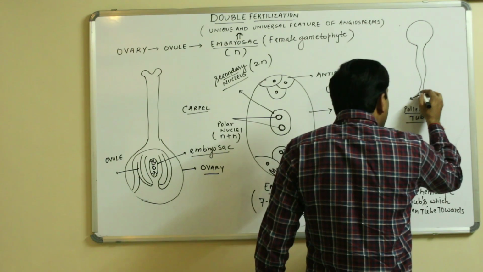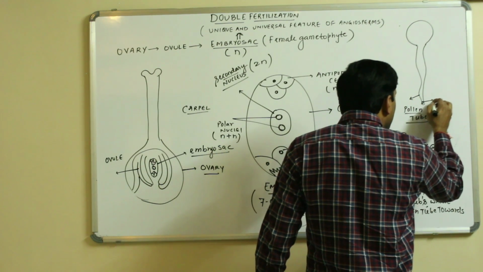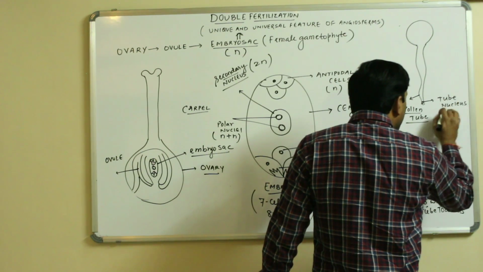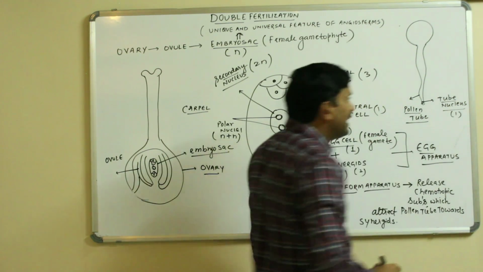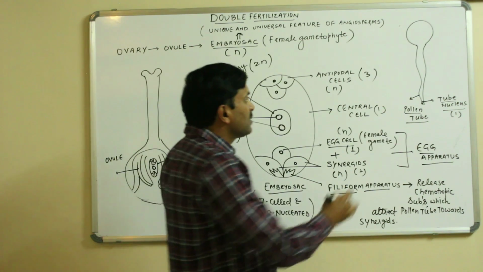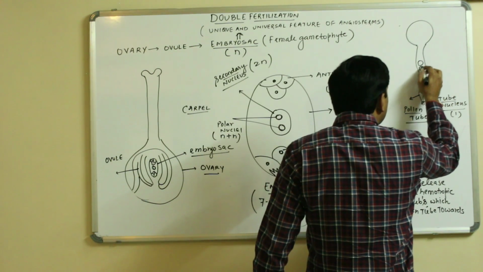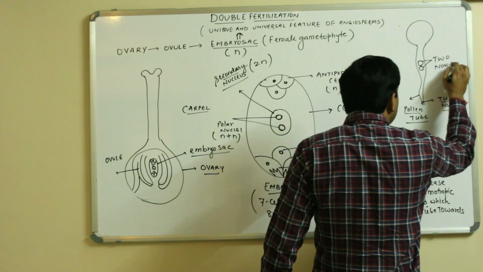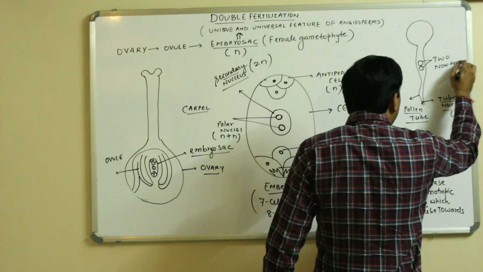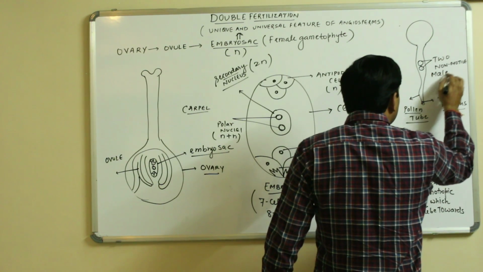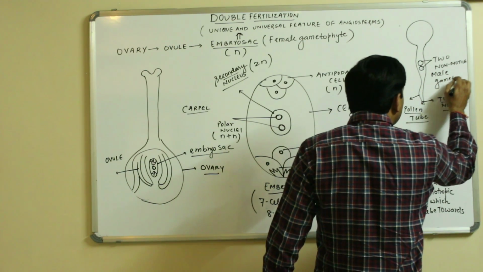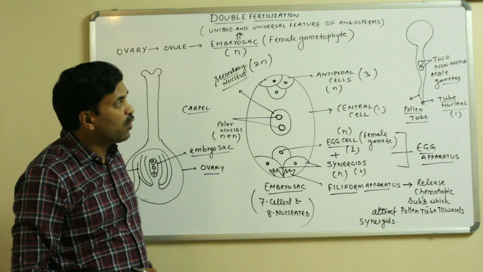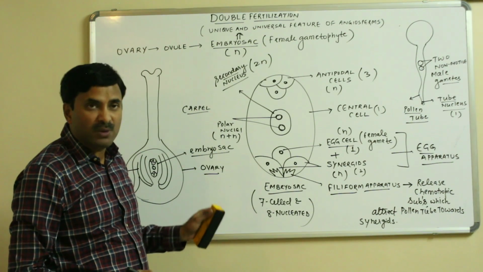A pollen tube has one tube nucleus at the tip, and it also contains two non-motile male gametes. So a germinated pollen grain consists of two non-motile male gametes and a tube nucleus.